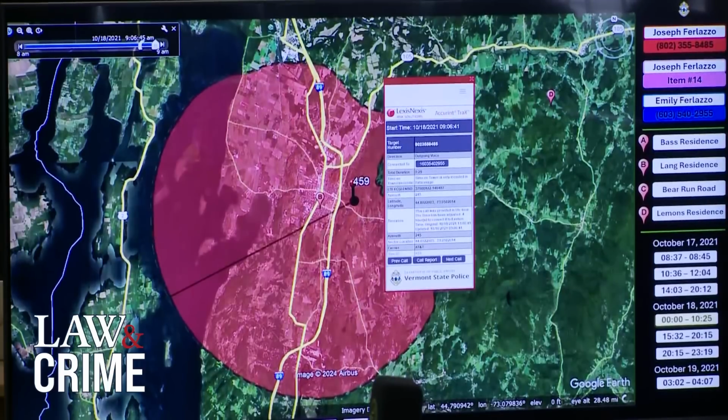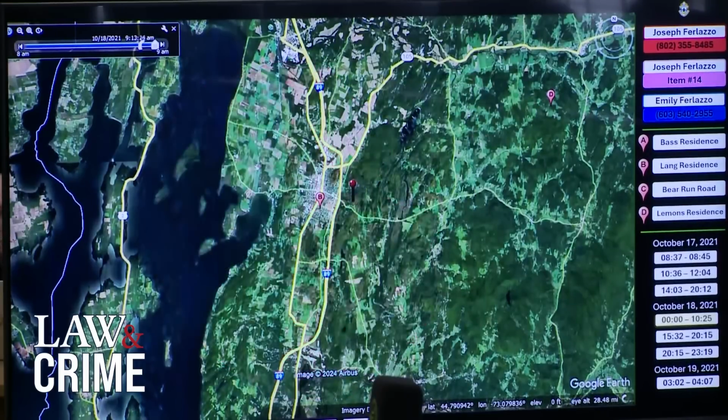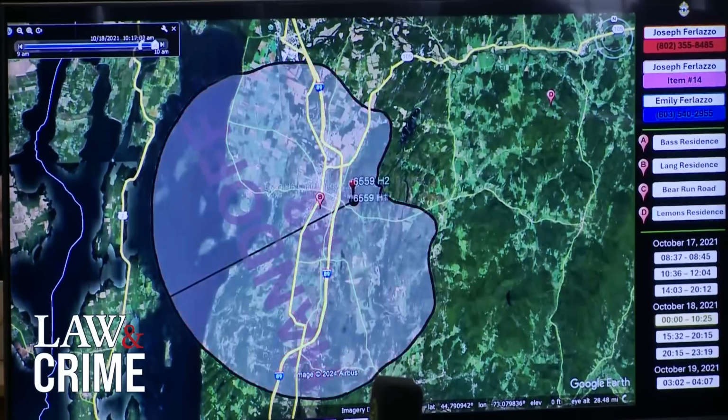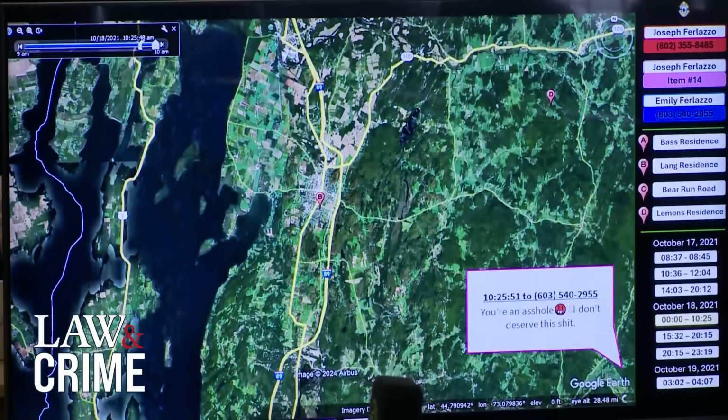Also at 9:06, a couple seconds later, was an outgoing voice call from Joseph's number to Emily's number. This is still all occurring with that significant location visit. That was still going on. At 10:25 is an outgoing message to Emily's number from item 14.